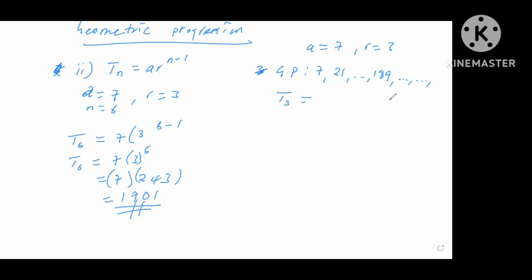You know that the way we find the common ratio is T2 divided by T1. So we divide 21 by 7, and we have the common ratio of 3.